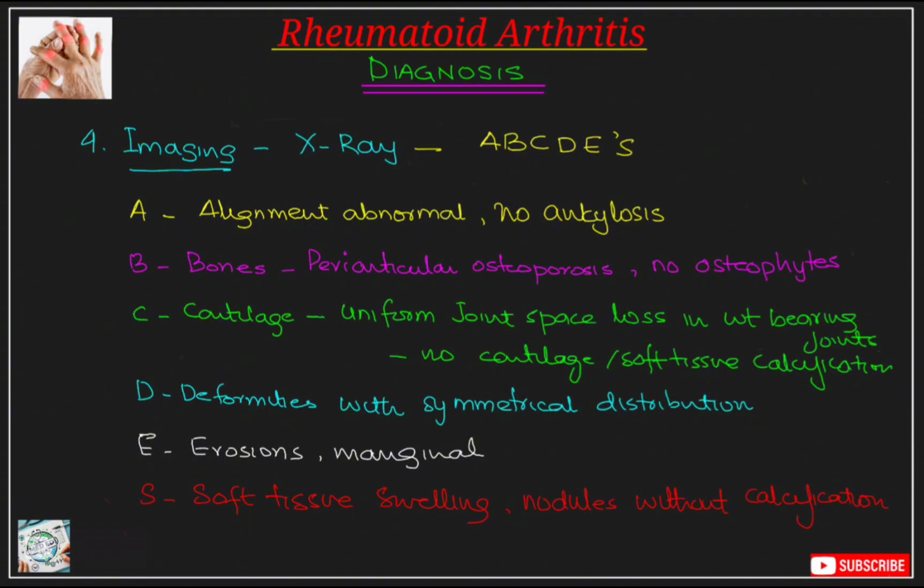calcification on X-ray. So in summary, the ABCDES of rheumatoid arthritis imaging gives us a structured way to remember its key radiographic features. To recap, they are misalignment without ankylosis, periarticular osteoporosis, symmetrical joint space loss, classical deformities, marginal erosions, and lastly the soft tissue swellings with nodules but without calcification.